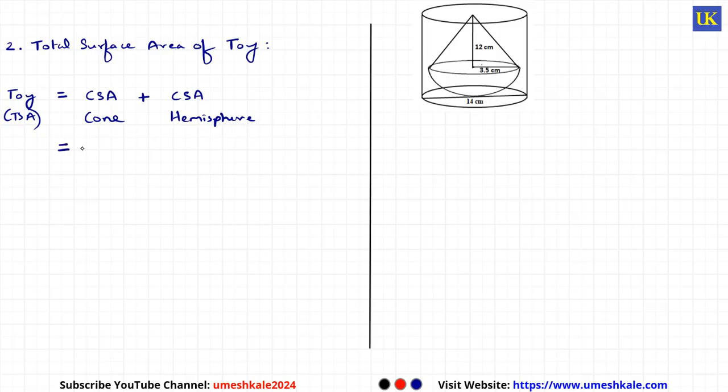So the curved surface area of the cone, the formula is pi r L, and the curved surface area of the hemisphere is 2 pi r square. And we need the slant height to find the curved surface area of the cone. So we will find the slant height here.